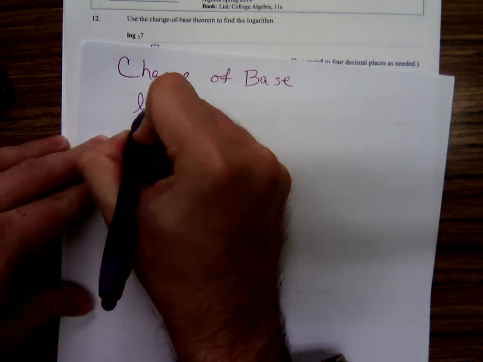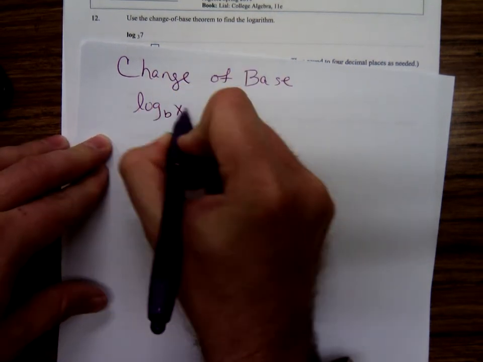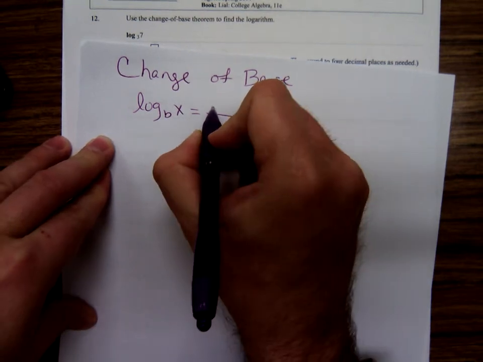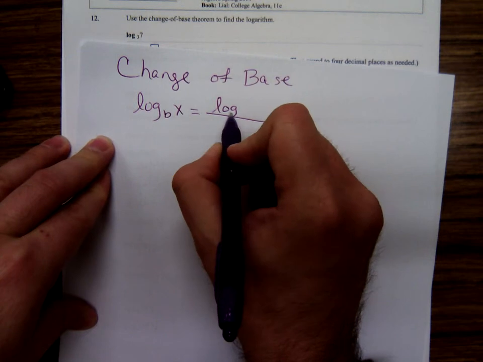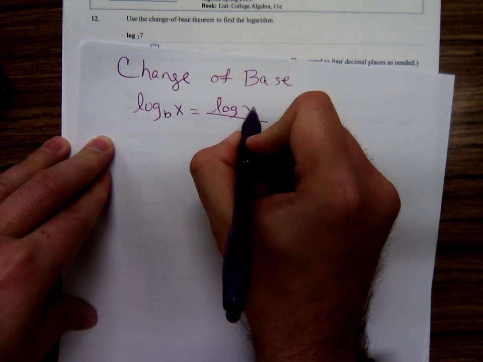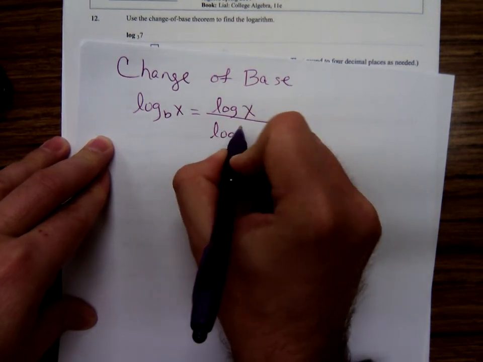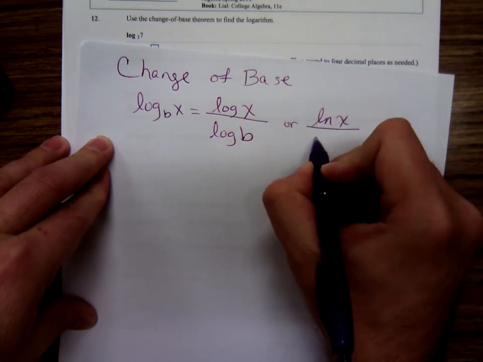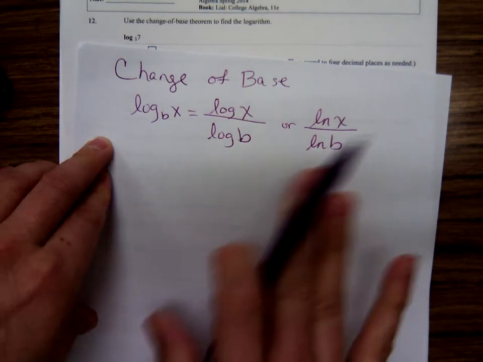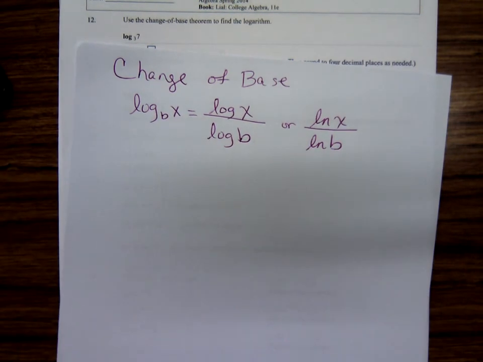The change of base theorem says this: log base b of x equals, and you can use either one of the keys on your calculator, either the common log, log x over log b, or you can use the ln key if you want. Just don't mix them. As long as you're consistent, you'll get the correct answer.